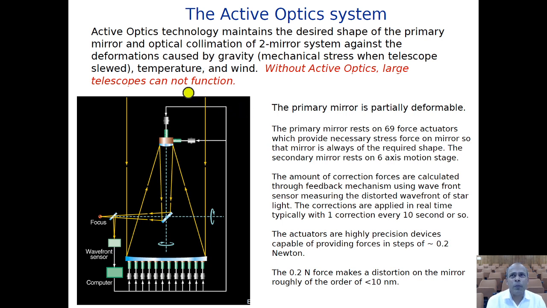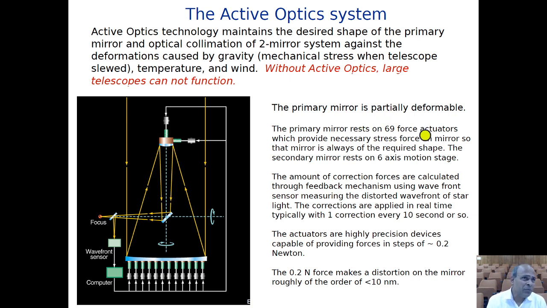Such large telescopes cannot function without active optics. Let us briefly see step by step what this does. In this particular case, our 3.6 meter Devasthal optical telescope has active optics technology.